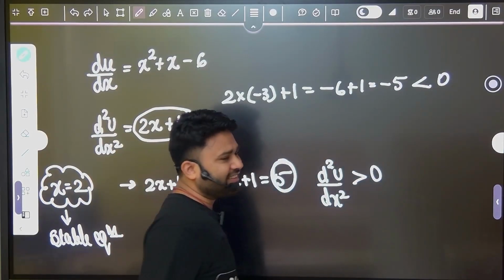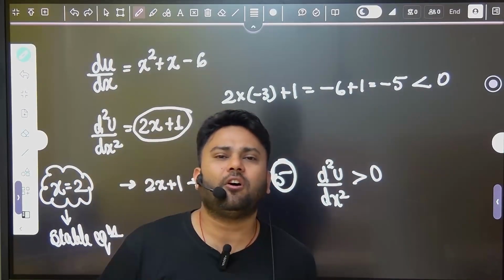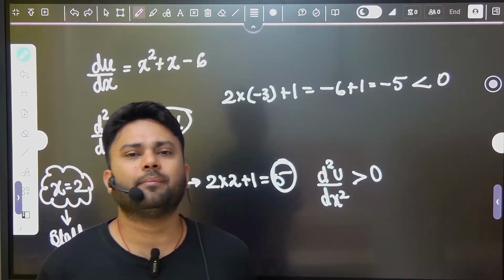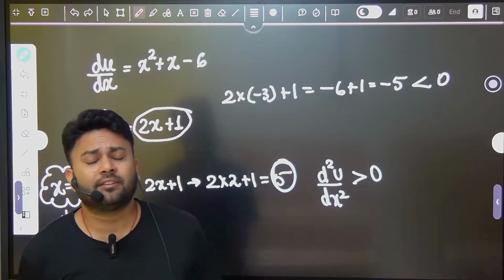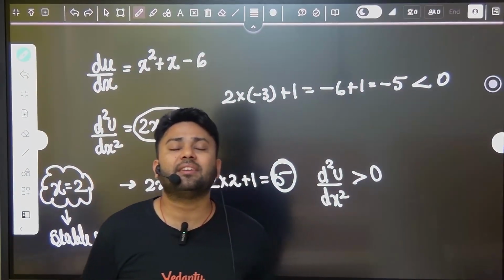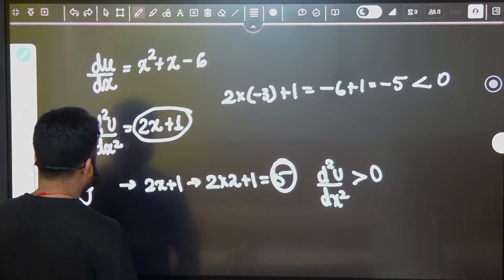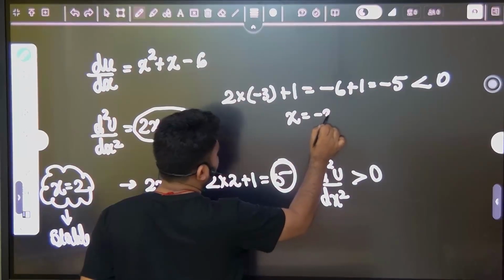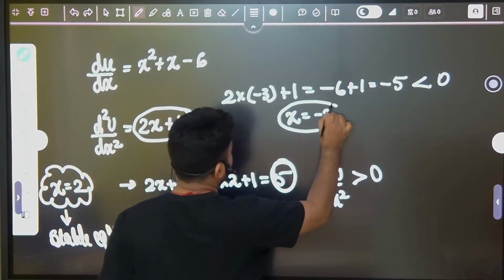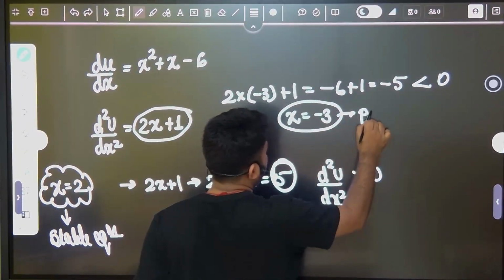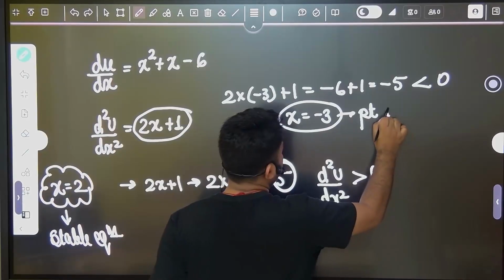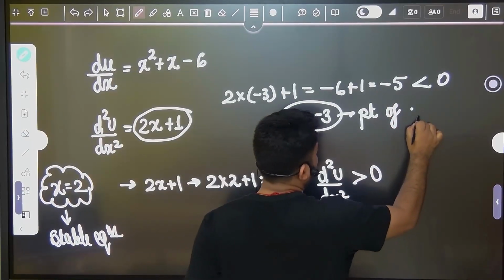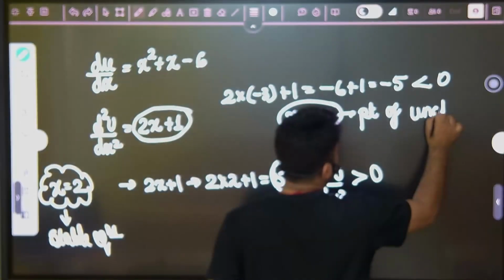And if it is less than 0, it is a point of unstable equilibrium, or it is a point of maximum energy. Means x equals to minus 3 is a point of U max or unstable equilibrium.